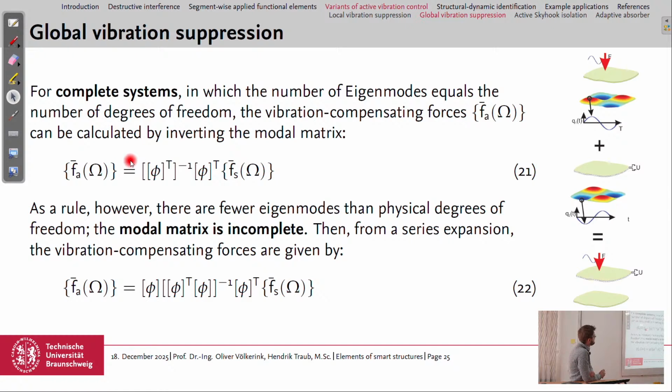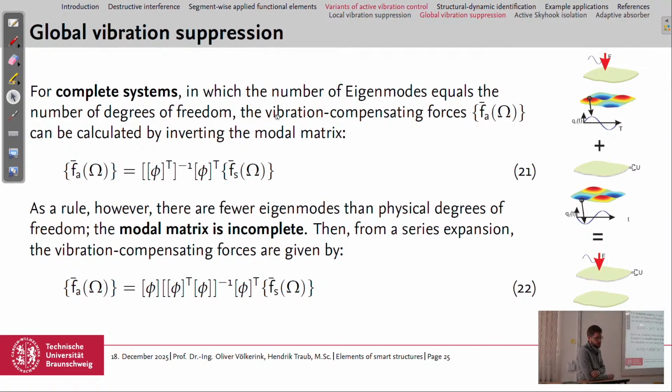So for complete systems in which the number of eigenmodes equals the number of degrees of freedom, we can calculate the vibration compensating forces by inverting the modal matrix here.